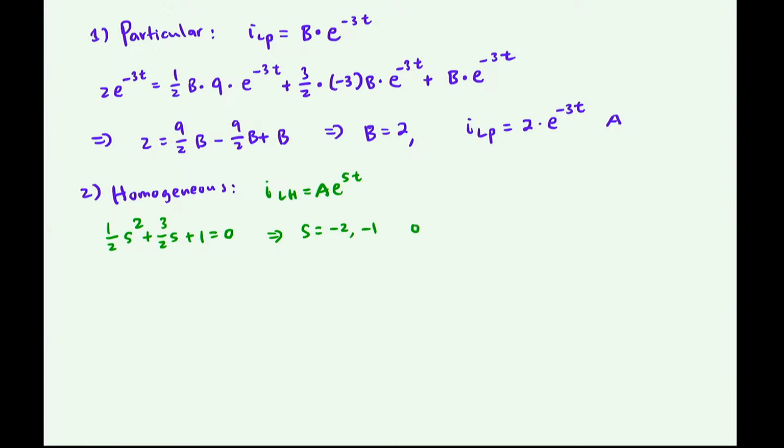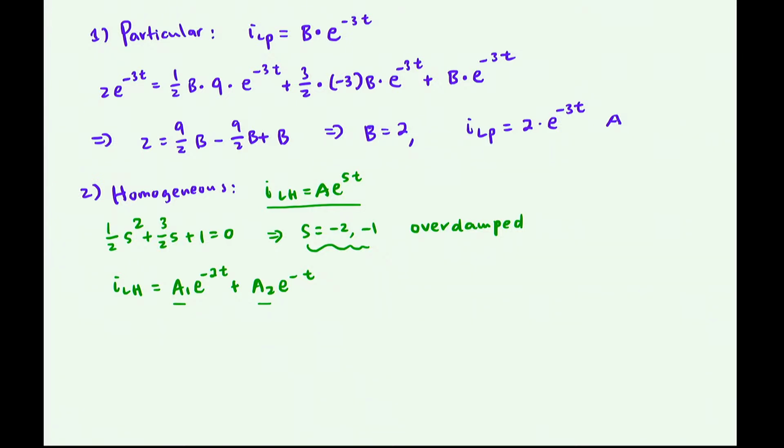These are real numbers, so this is a case of overdamped. So knowing the two solutions, our homogeneous solution has two terms: A1 exponential -2t plus A2 exponential -t. Okay, so finally we only have two unknowns here, A1 and A2.